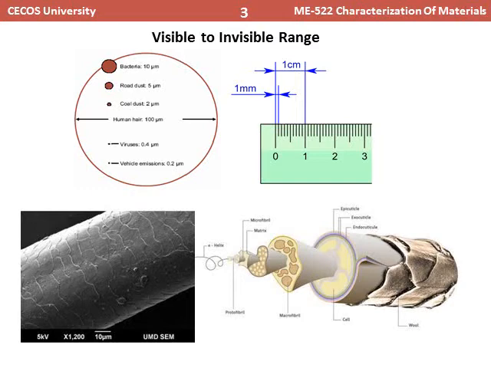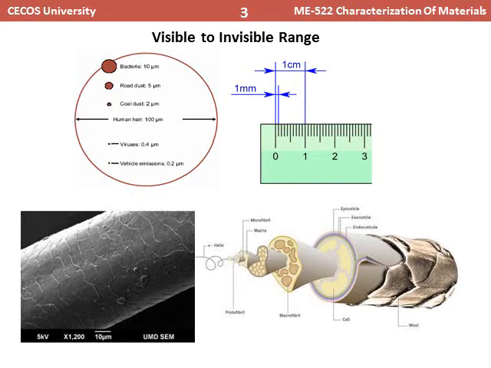So the hair is visible to us and the size of hair is nearly 100 micrometer, whereas bacteria size is about 10 micrometer and it is in an invisible range to the naked human eye.